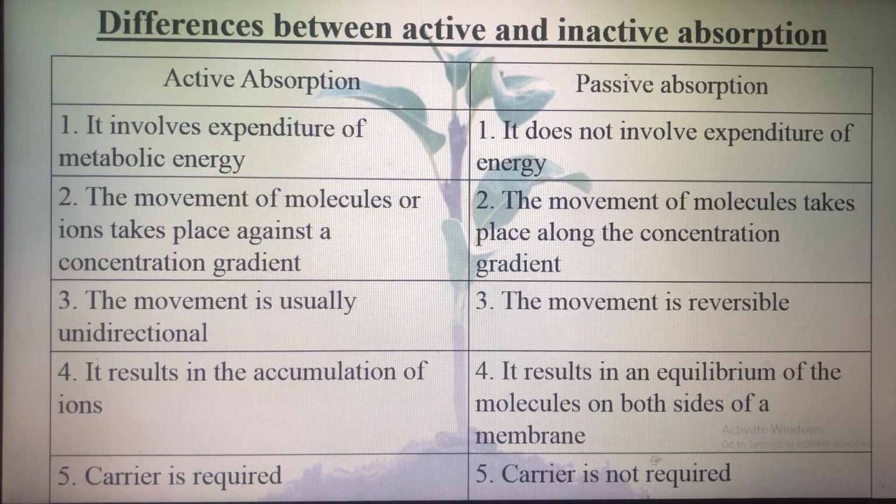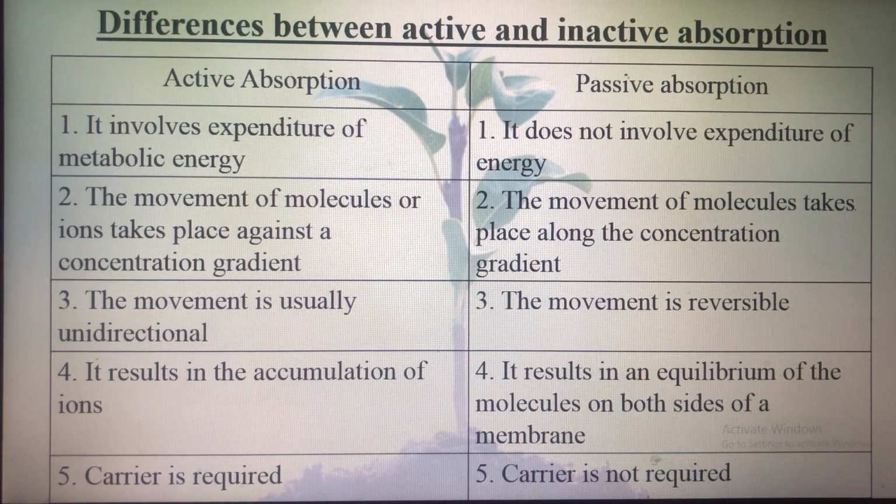But in case of passive absorption, the movement of molecules takes place along the concentration gradient, and because of this, no metabolic energy is required. But as absorption takes place against the concentration gradient, during active absorption energy is required.